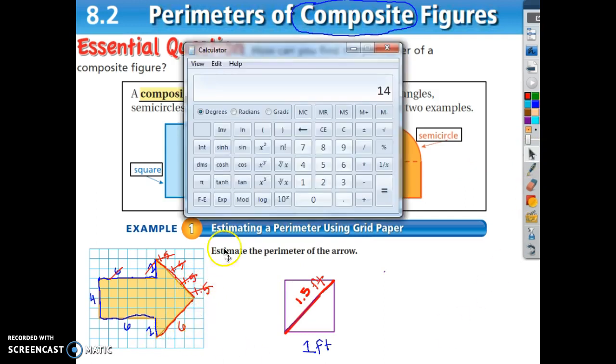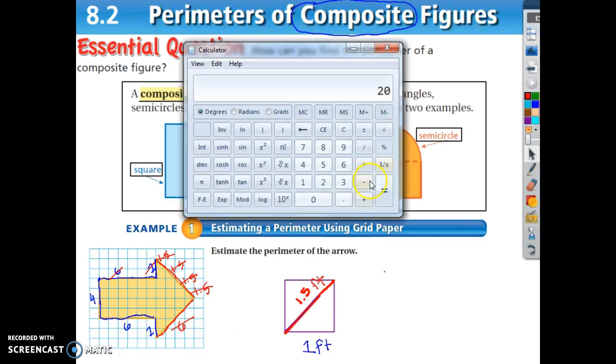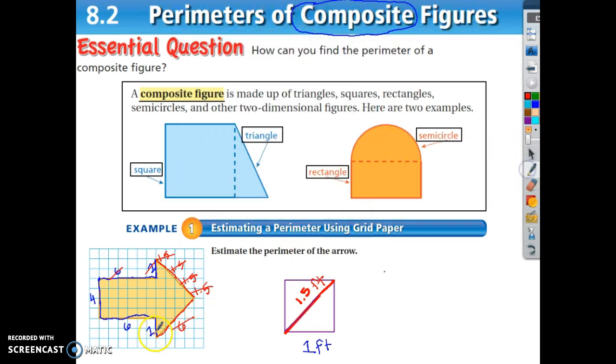I'm going to continue down my arrow and add in the 6 for a total of 20. And then I'll add the 2, the 6, and the 4. So plus 2, plus 6, and plus 4 for a total of 32. I added my 2, my 6, and my 4, and I got a total of 32.